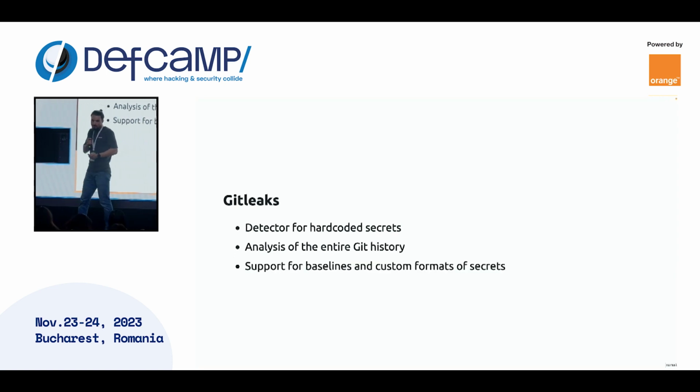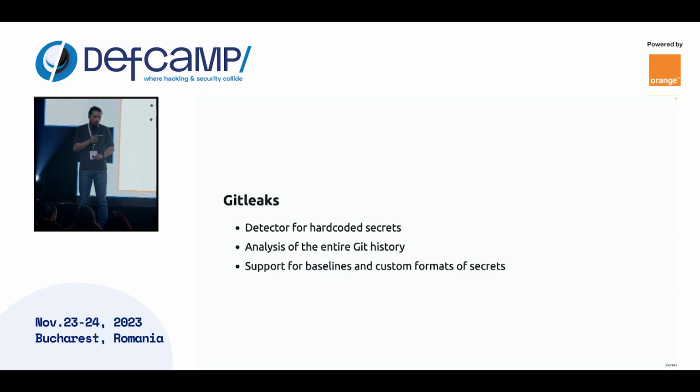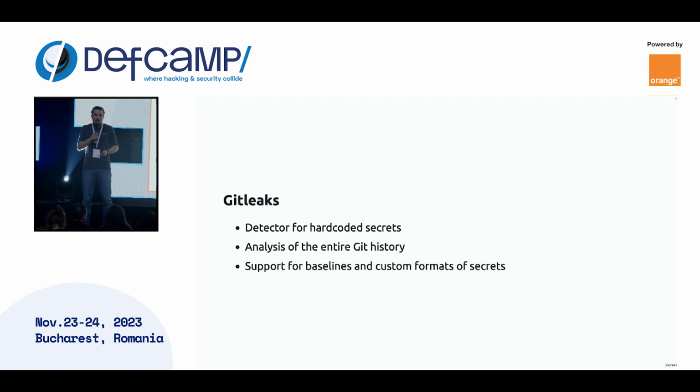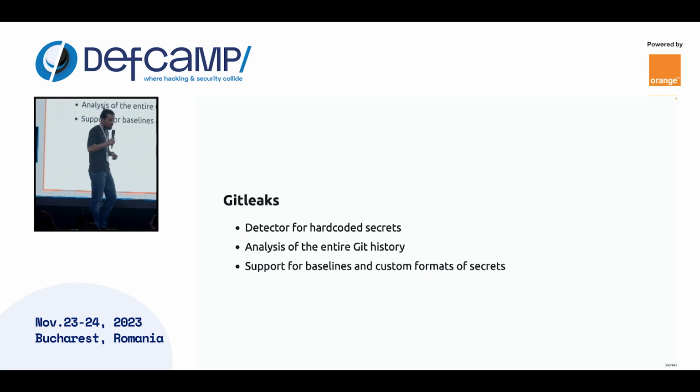And it supports baselines and the custom formats that I mentioned before. What's nice about baselining is that you can run the detection once, see what the false positives are, and after that mark them as reviewed, so the next run will not show these warnings.